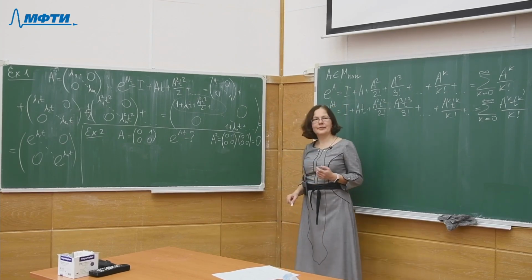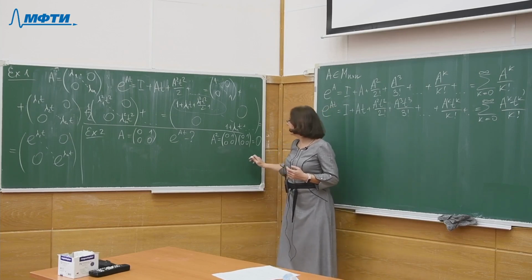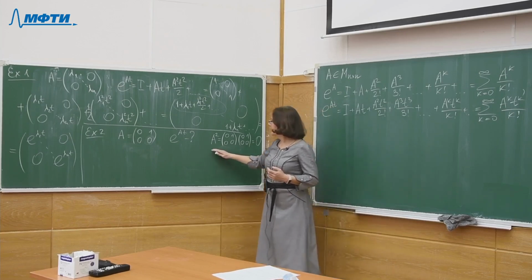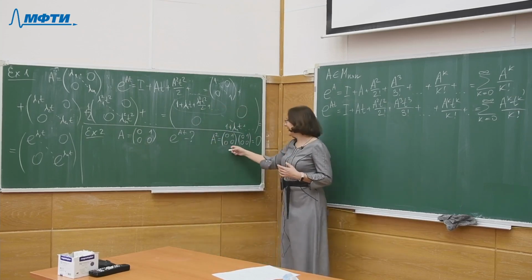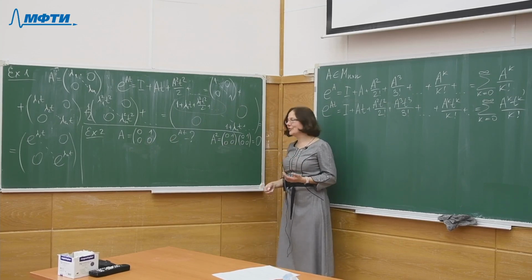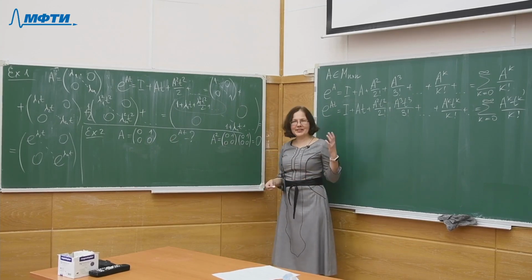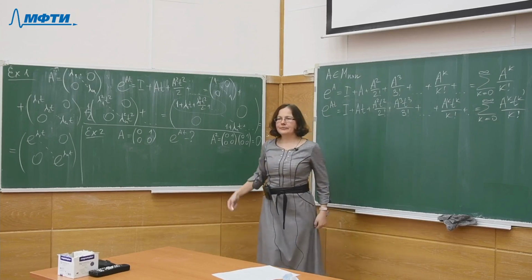Where did you get it? A equals 0, 1, 0, 0. Well, where is it given? We're given this matrix. Next we try to raise A to the power 2. This means that we need to multiply two matrices, and the answer is 0.